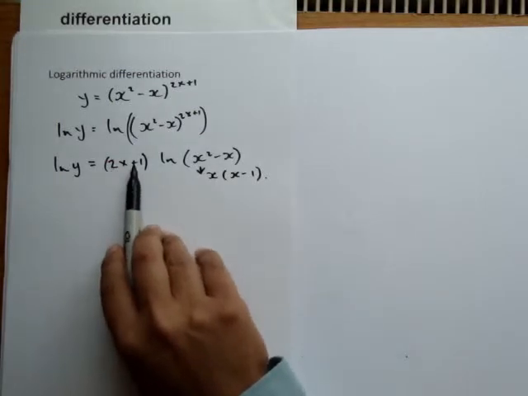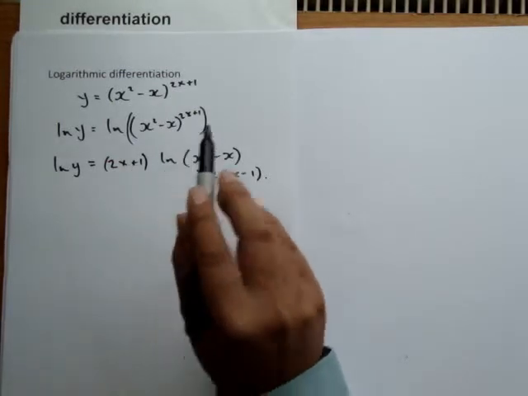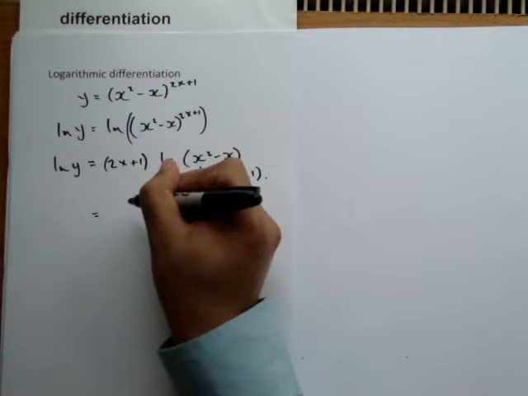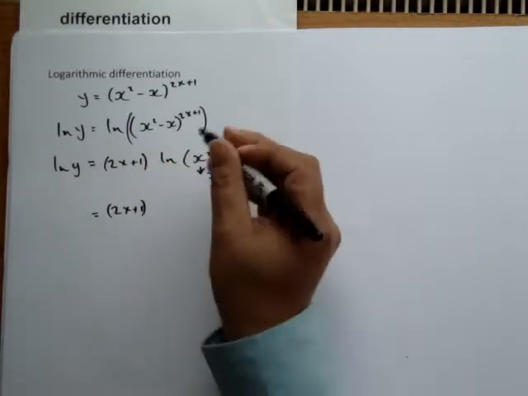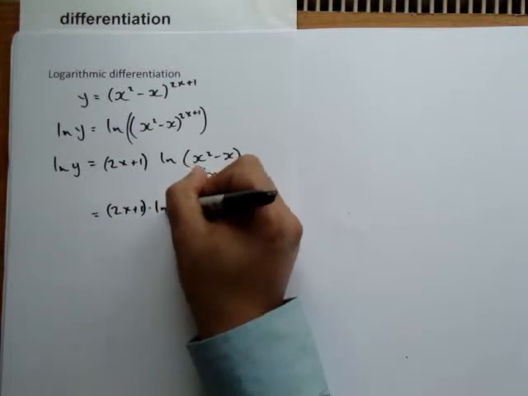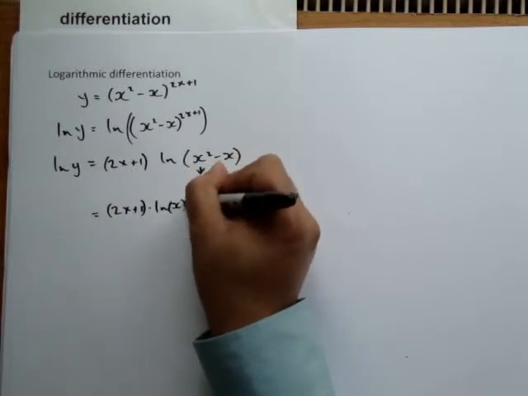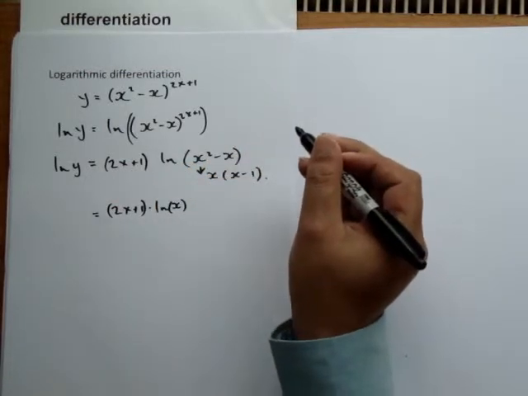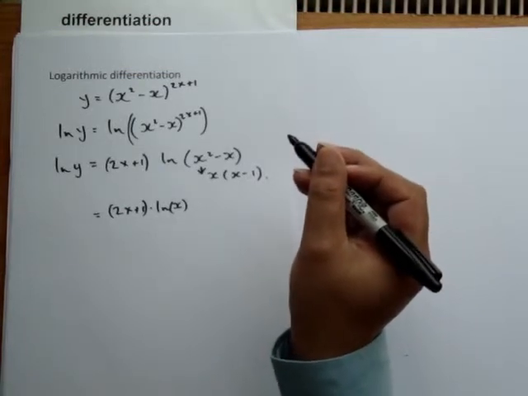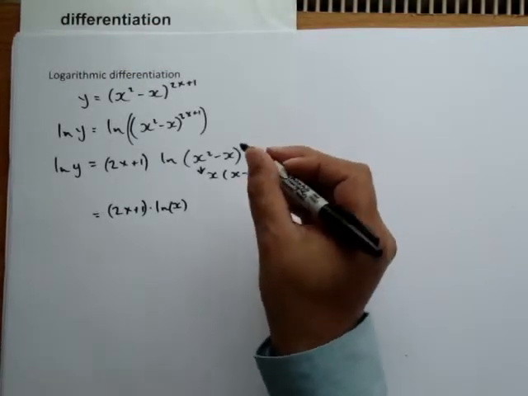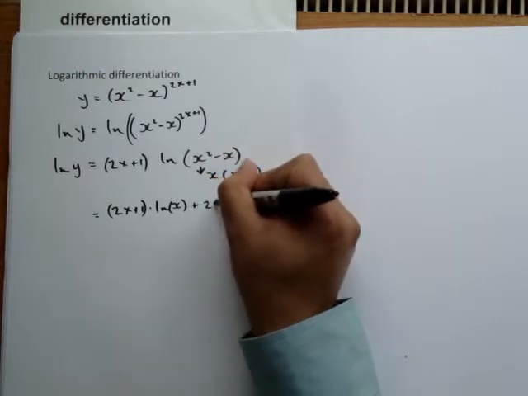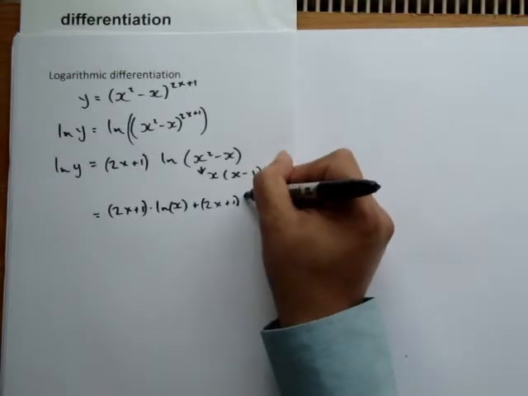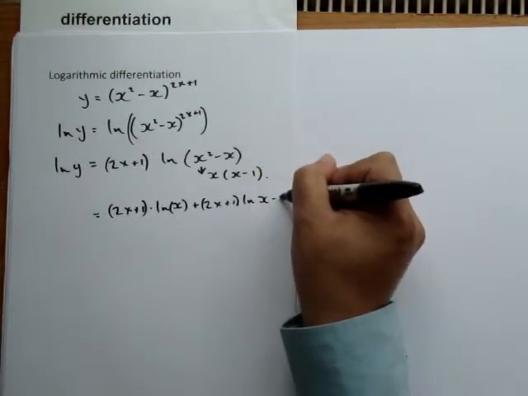Distributing the 2x plus 1, we get 2x plus 1 times the natural log of x, and then 2x plus 1 times natural log of x minus 1.